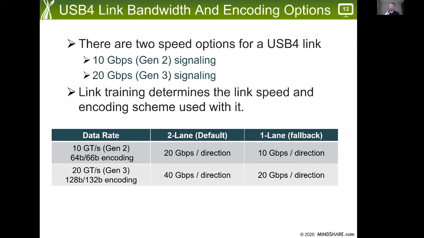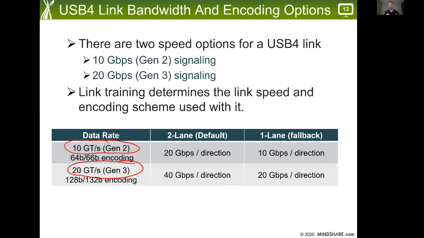But it's a little bit misleading because in a lot of the promotional information that you see, they're always talking about, oh, USB4 is 20 gigabits and 40 gigabits, which you have to be careful how you think about, because that is true, but that's not the data rate. If you notice here, the data rate of USB4 is either going to be 10 gigatransfers per second or 20 gigatransfers per second. All right? That's the rate at which we're transferring data.